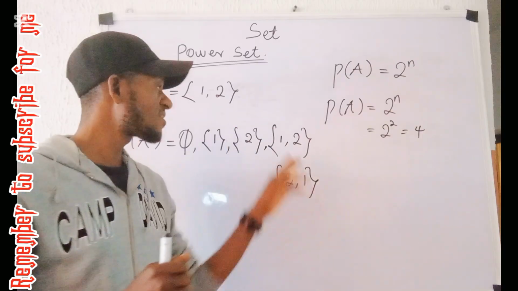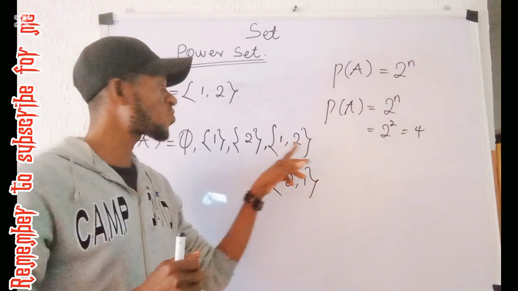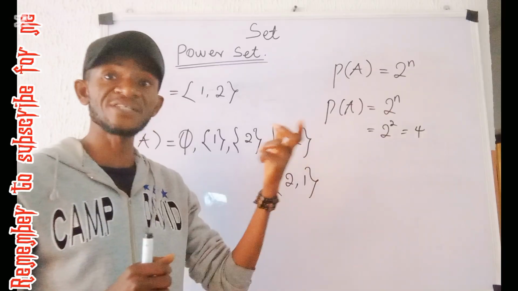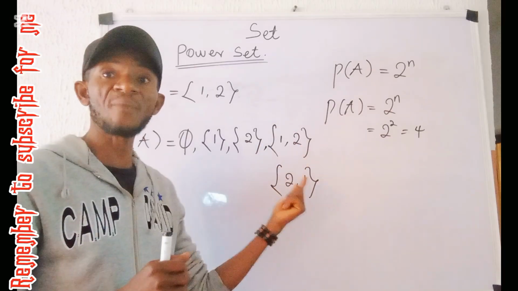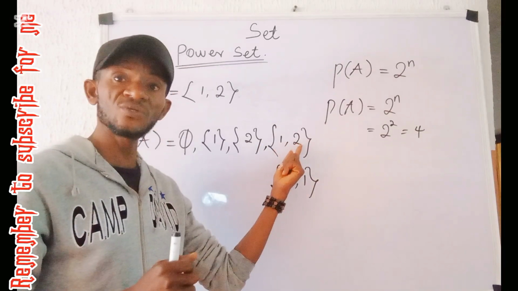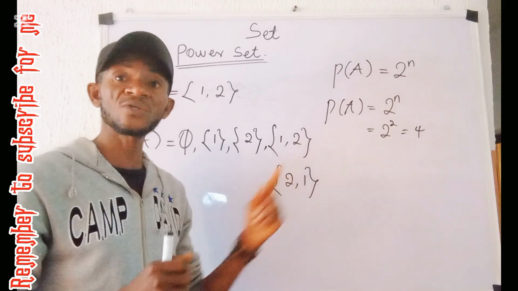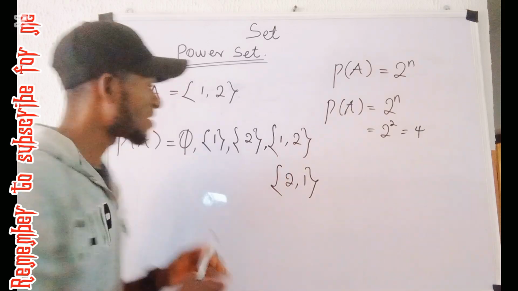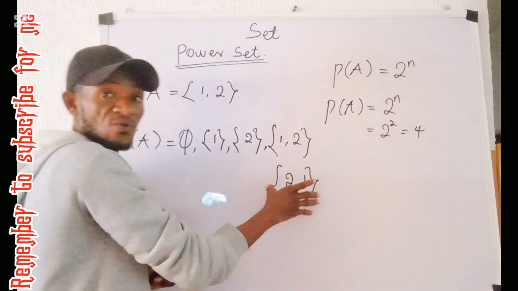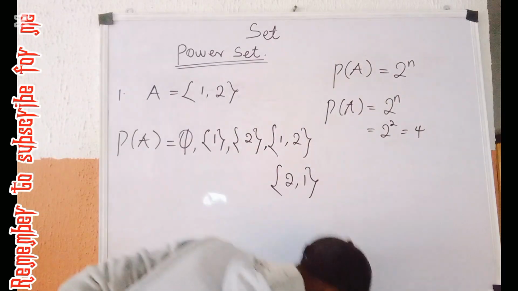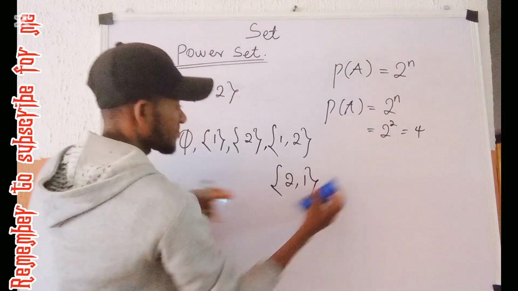So a set defined as 1, 2 is the same as a set defined as 2, 1. Therefore, having written this, we are not going to write this. Then we clean this one.